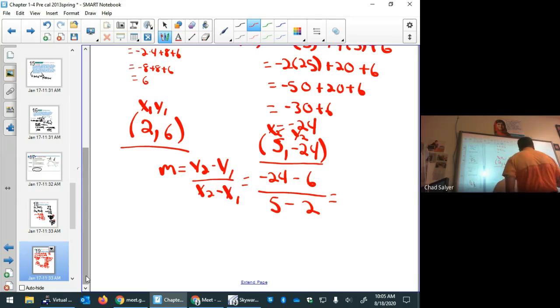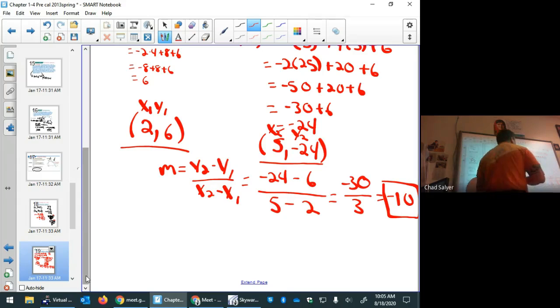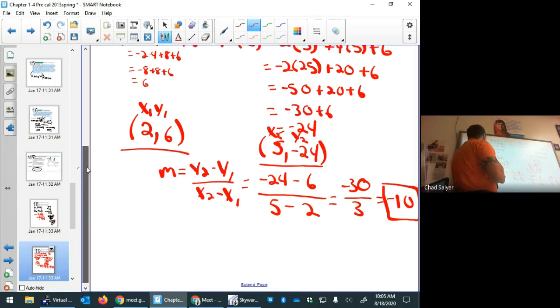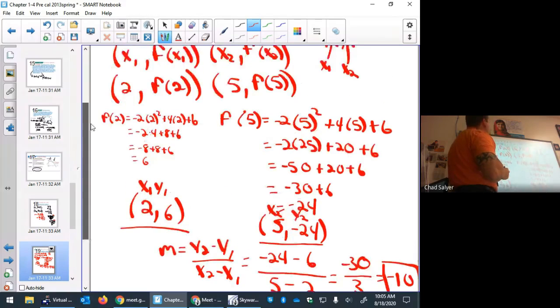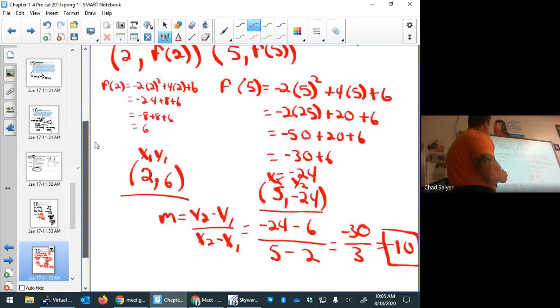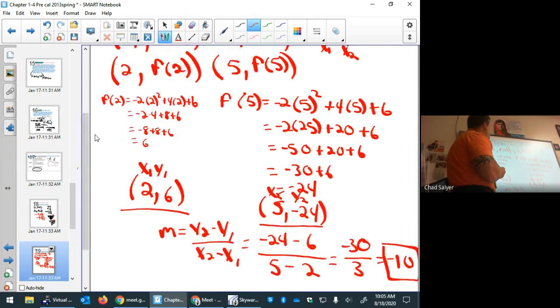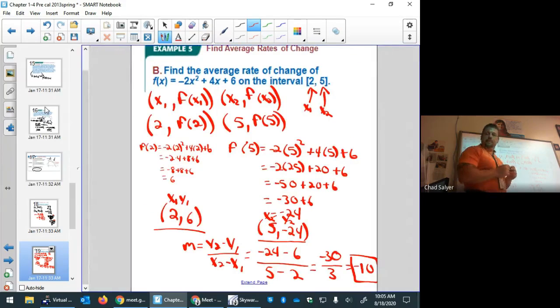So that's negative 30 over 3, or negative 10. So, as I said earlier, the rate of change will be different over different intervals for this function. And here we see it was different than the previous example. Let me put that all up there simultaneously for a second.